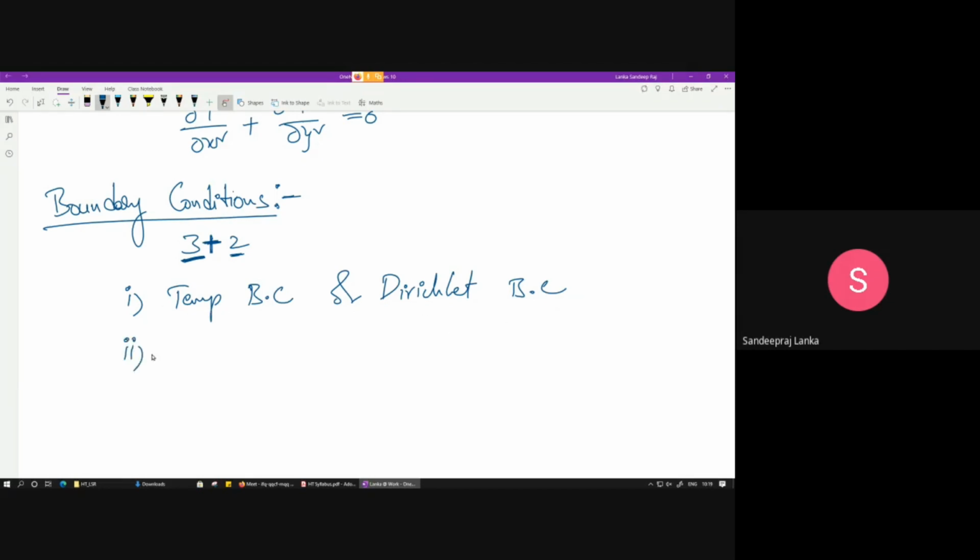The next one is the heat flux boundary condition, also called the Neumann boundary condition. Neumann boundary condition.